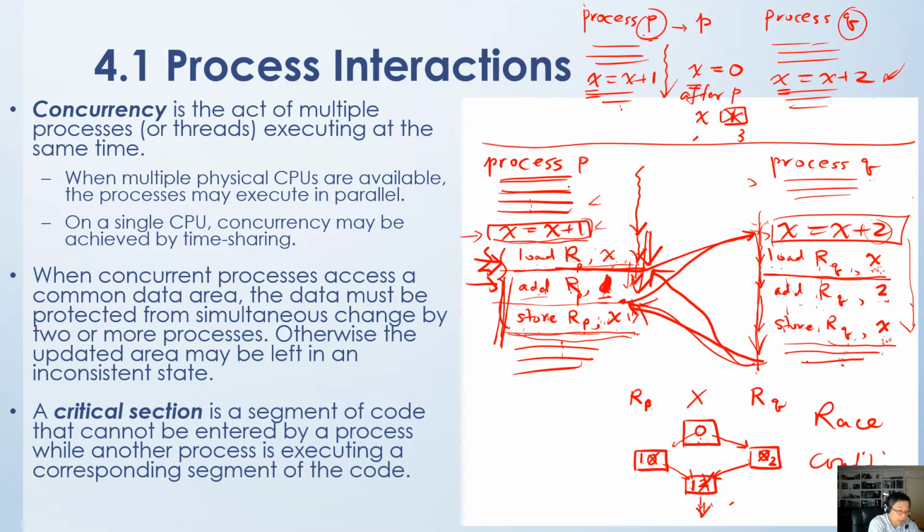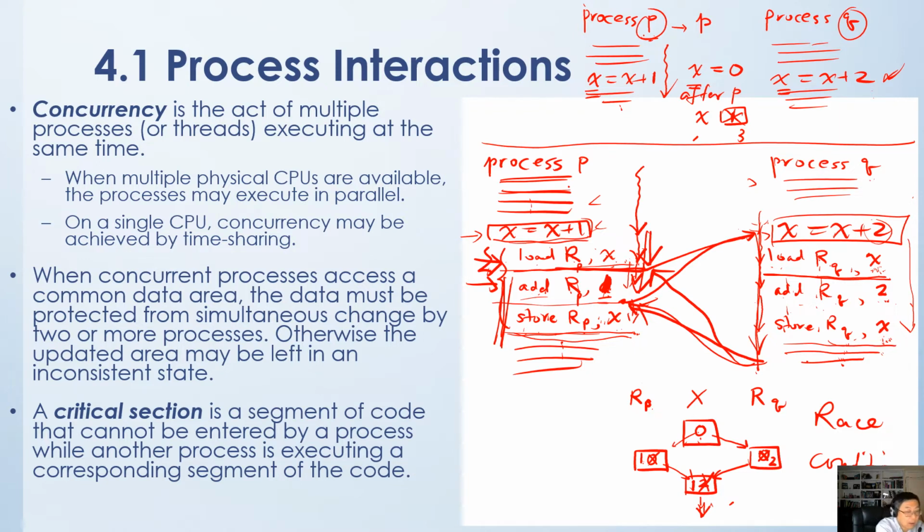Race condition is bad because if I have 2 processes, I run this time, the result of X is 1, and run another time, the value of X is 2, and run another time, the value of X is 3. So I think 3 is expected, right?